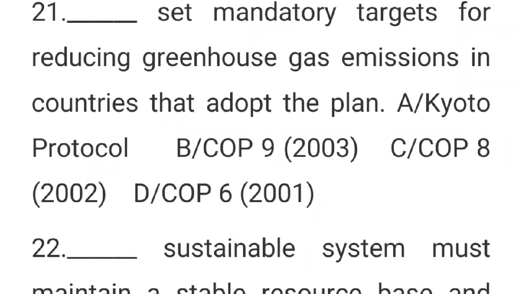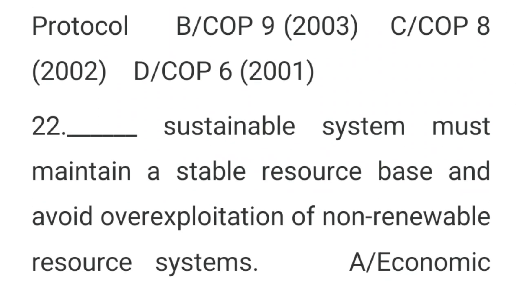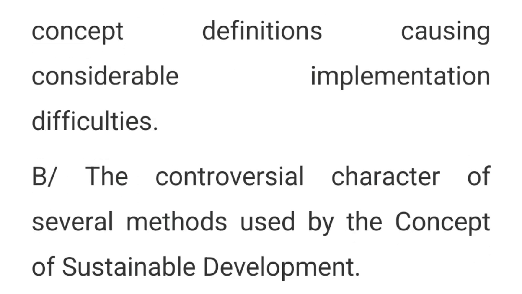One of the following is not a shortcoming of the notion of sustainable development. A, the absence of a single concept of sustainable development, with multiple definitions causing considerable implementation difficulties. B, the controversial character of several methods used by the concept of sustainable development.